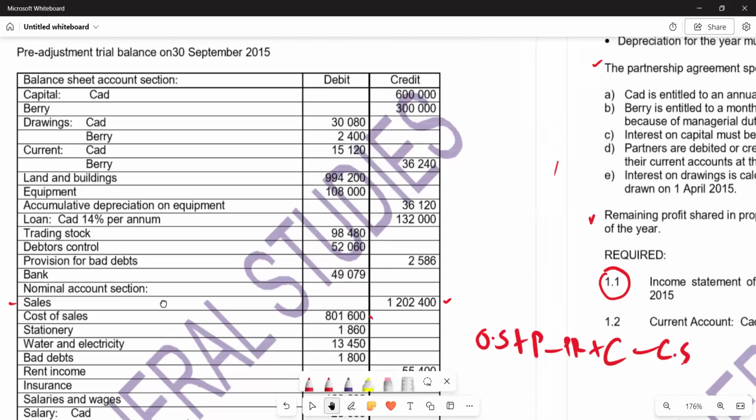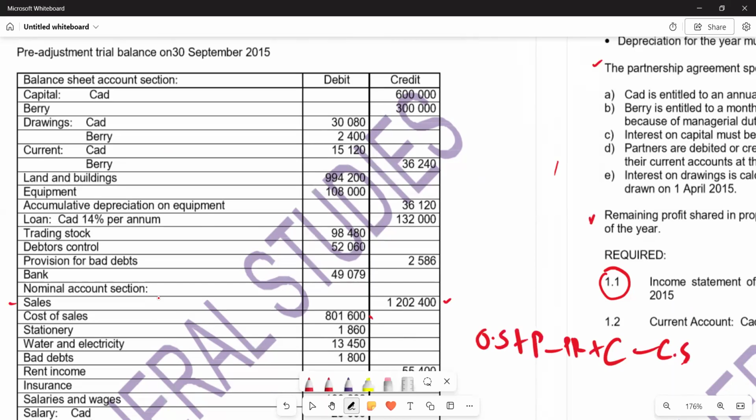Also, trading stock surplus can fall under other income, and a decrease in the provision for bad debt adjustments can also fall under other income. So those are the items that we are going to search for in the pre-adjustment trial balance. We go down searching for those.